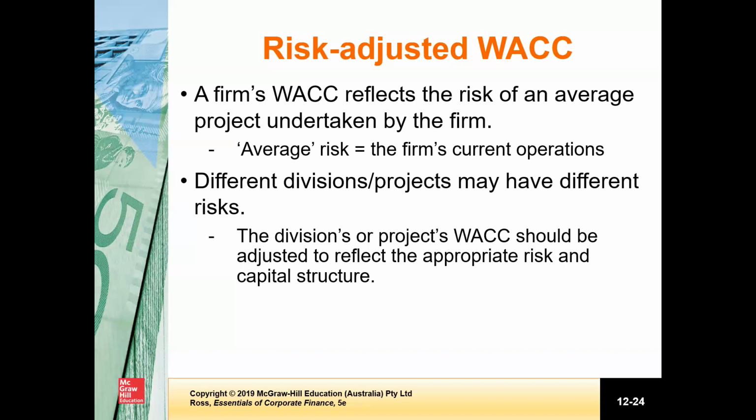So the project should be accepted because its expected return is higher than its required return. However, if we use the WACC as a cutoff, then this project will be rejected because its return is less than 15%. This example illustrates that if a firm uses its WACC as a cutoff across all projects, it will tend to reject profitable projects with risk less than that of the overall firm.